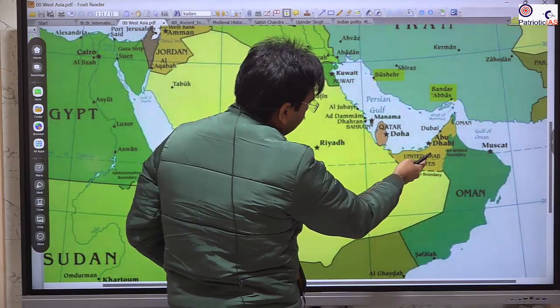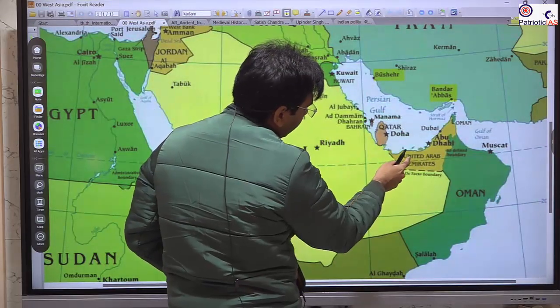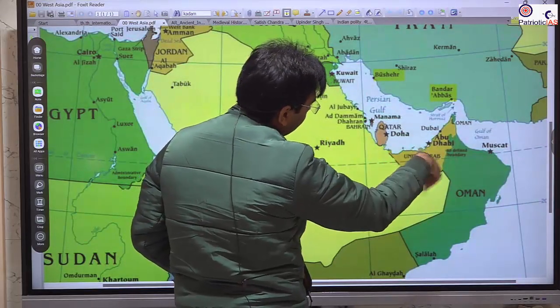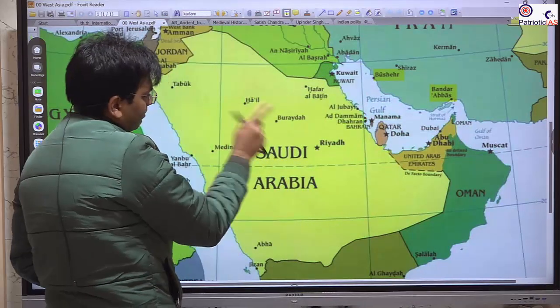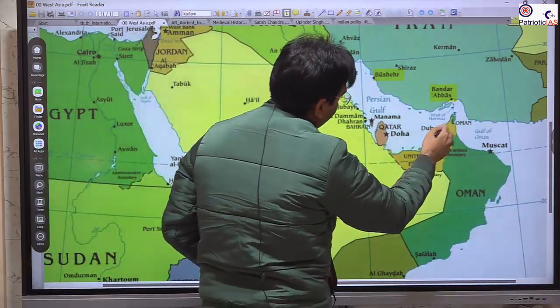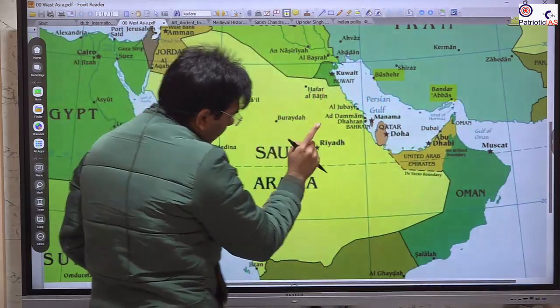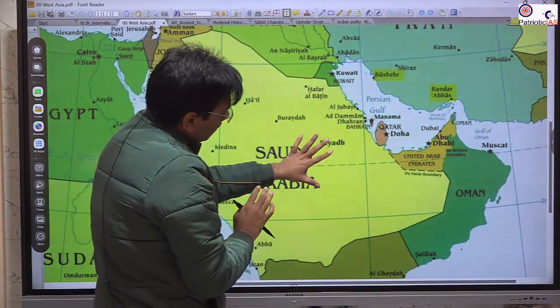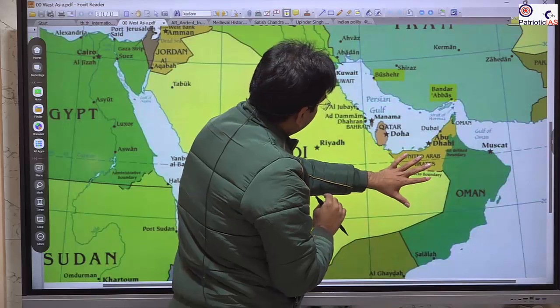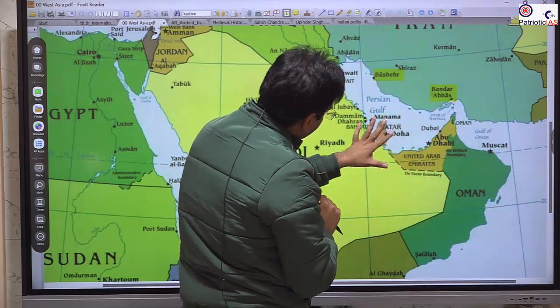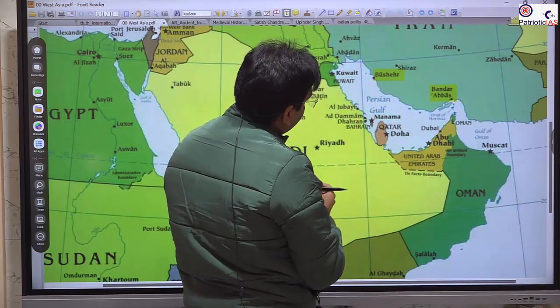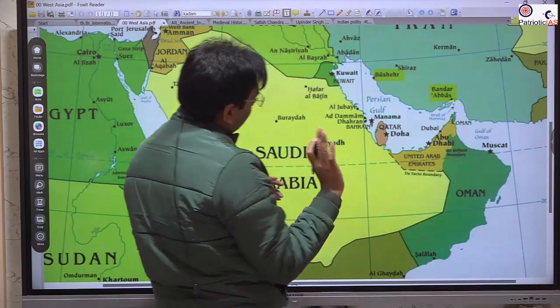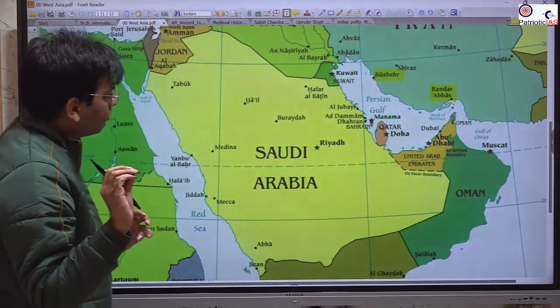UAE is adjacent. UAE is also in the news because of COP28. Qatar shares a boundary only with Saudi Arabia, not with UAE or any other countries, and with the Persian Gulf. You just have to know this.